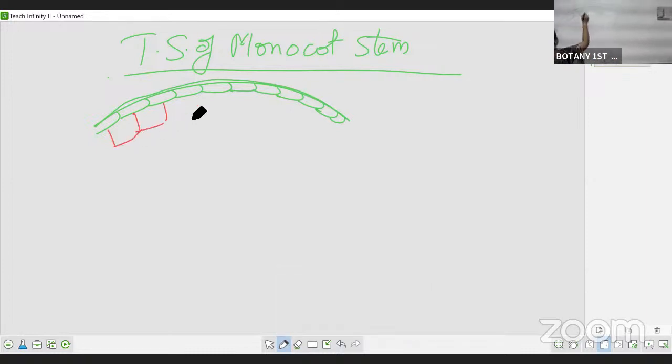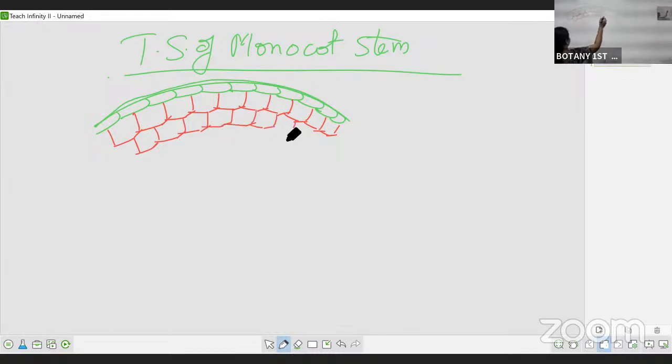The tissue that is present below the epidermis is made up of sclerenchymatous tissue. Two rows of cells are made up of sclerenchymatous tissue, and these are meant to give extra support. So this is called the hypodermis.